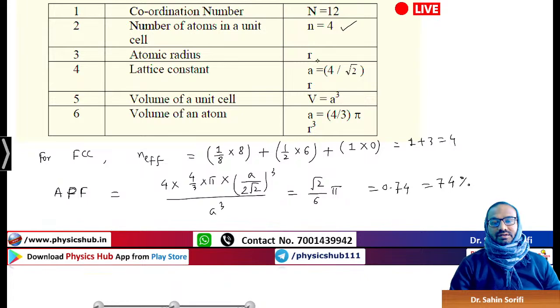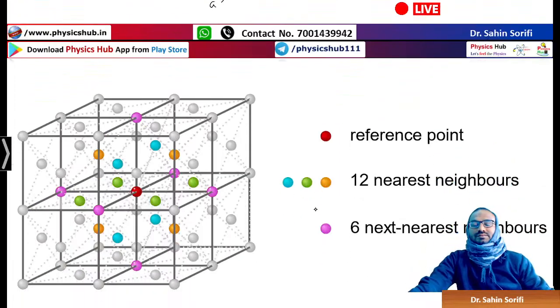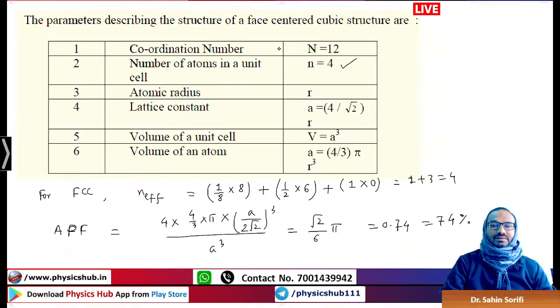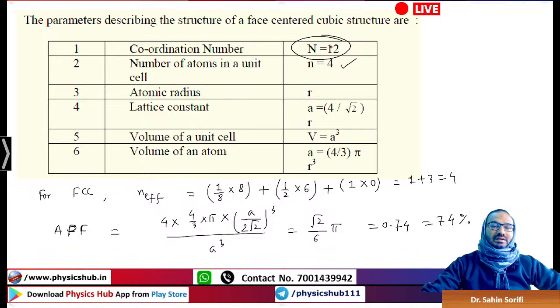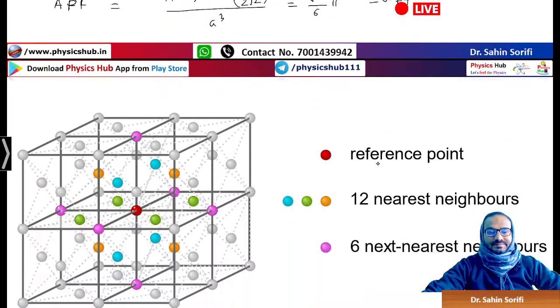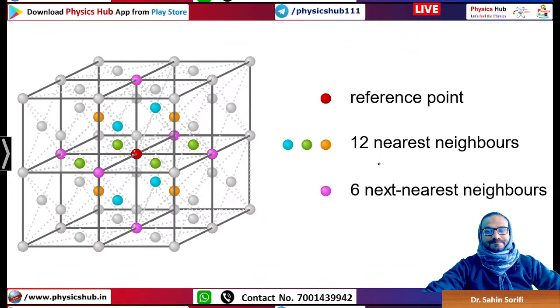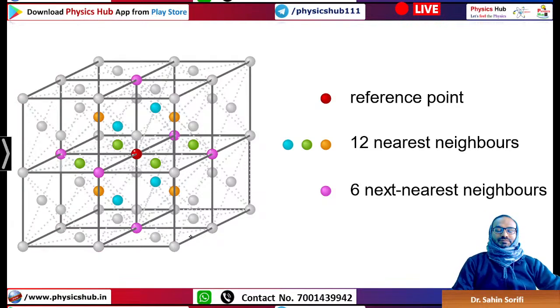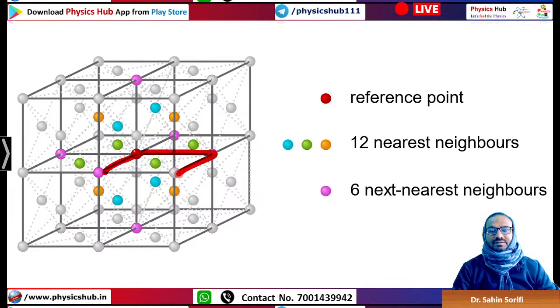And the details you can see here: atomic radius, lattice constant, volume of a unit cell, volume of an atom. Now the coordination number you can see here, it is 12. So corresponding to one atom there are 12 neighboring atoms, and you can see it in this picture. Here 8 unit cells are shown. So you see, this is one of the unit cells.